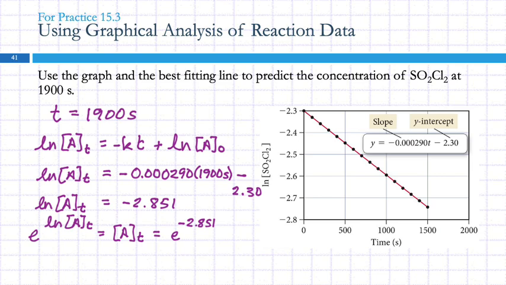Your calculator has a button for that. And we press that, and we find that the concentration is 0.057786505. That's all the digits my calculator is showing me.